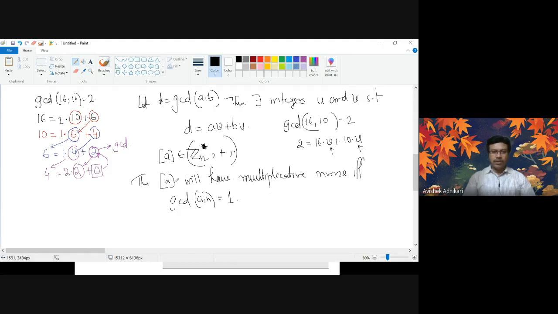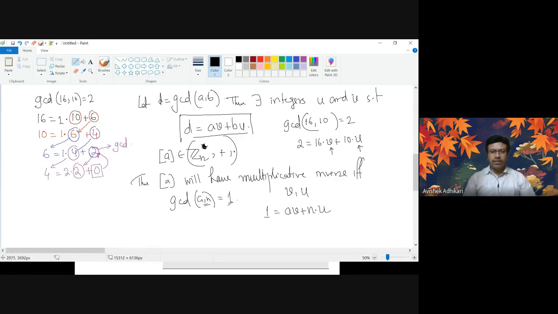Okay. So if A and n are relatively prime, then you can always find the multiplicative inverse of A in Zn with respect to multiplication. So that means if I go with this result, then we will certainly find some V and U such that 1 can be written as AV plus n into U, right?